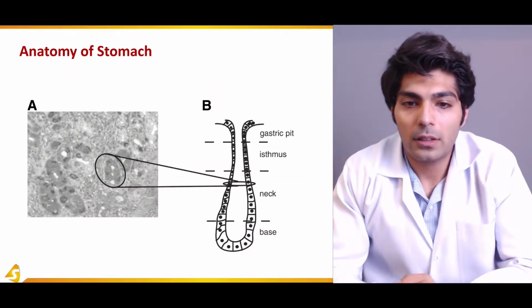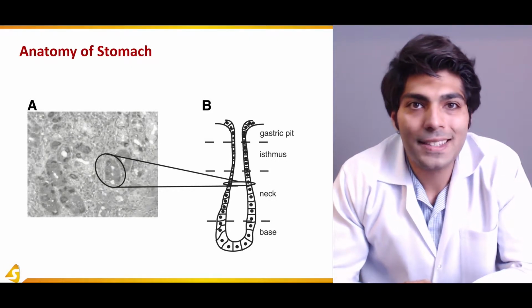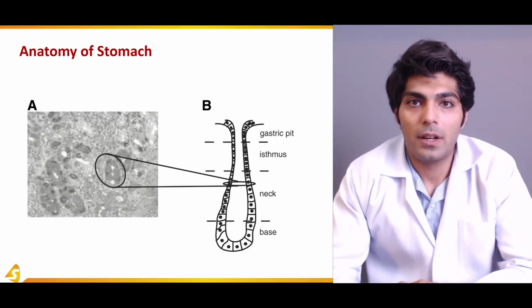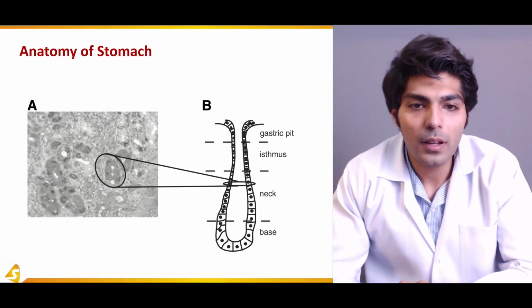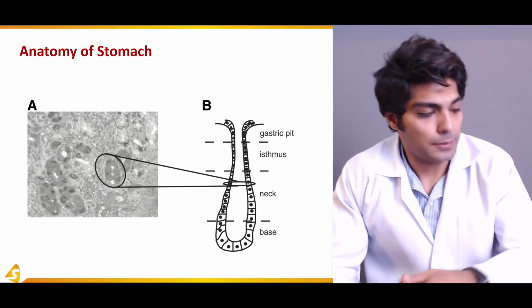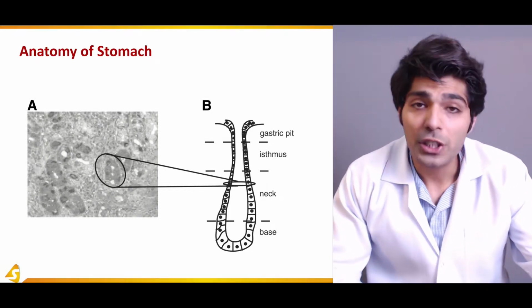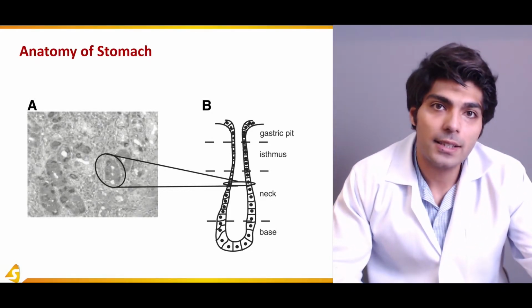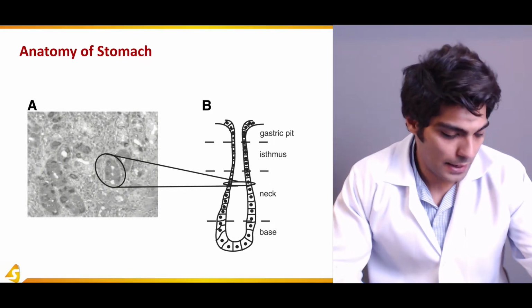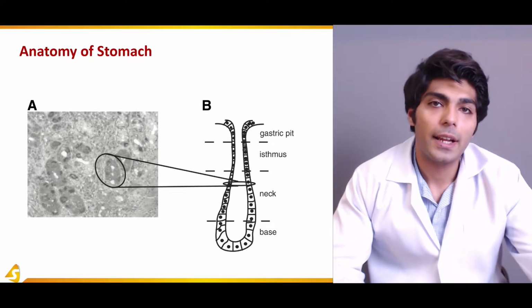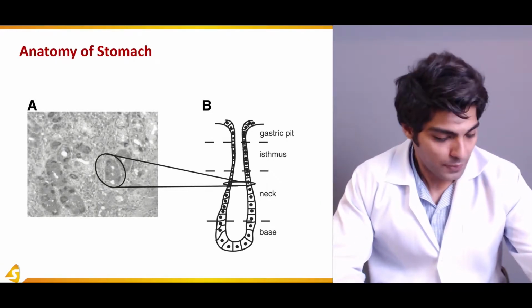The cells in the fundus are of 5 types, namely foveal cells, chief cells, parietal cells, G cells, and enterochromaffin cells, located in the fundus area.